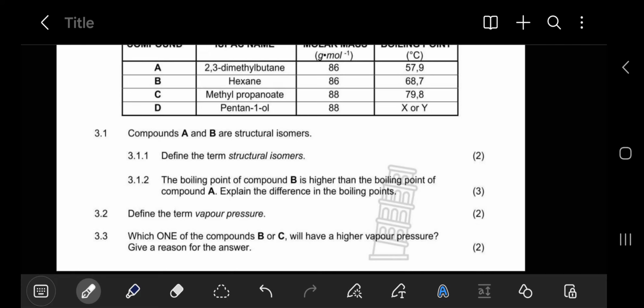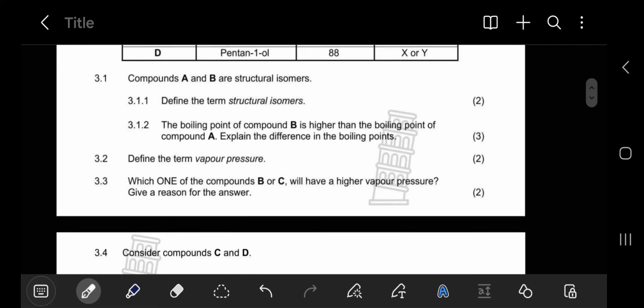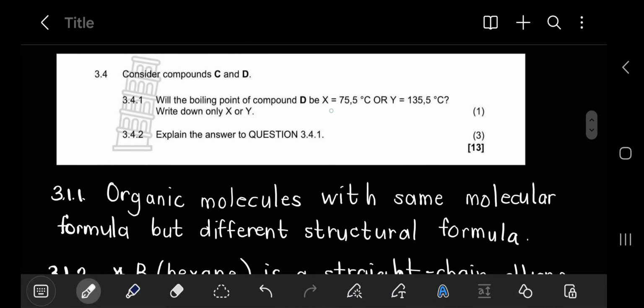Firstly, compound D is an alcohol, whereas compound C was an ester. So esters have dipole-dipole forces, while alcohols have hydrogen bonding. Hydrogen bonding is a lot stronger than dipole-dipole forces, meaning that compound D is expected to have a higher boiling point than compound C. So between X and Y, the boiling point should be Y.